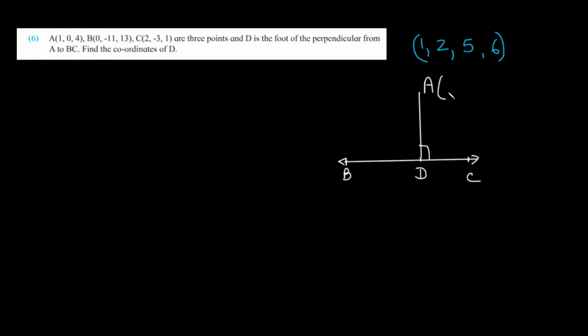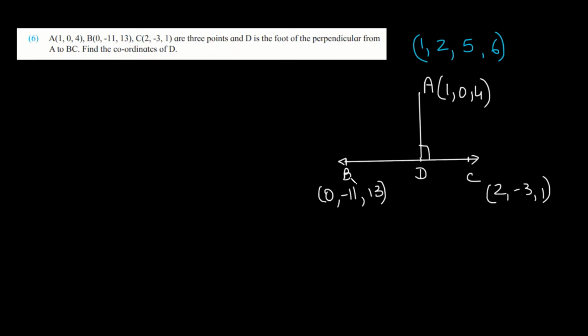They have given us the coordinates of A, B, and C. These are given to us. So we are supposed to find the foot of the perpendicular from A to BC. So now, what is the equation of a line passing through 2 points?